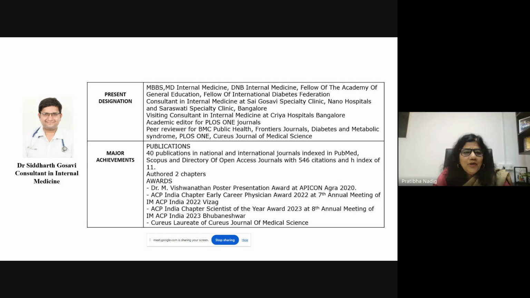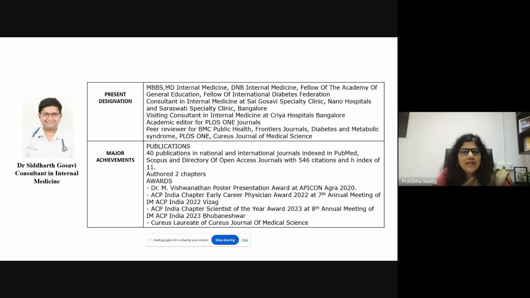With that, we move on to the last speaker for the day, Dr. Siddharth Gosavi, consultant in internal medicine. He has done his MBBS from where I was working. He has been my student at Vaidya Institute of Medical Sciences. MD Internal Medicine from Davangere, DNB Internal Medicine, Fellow of Academy of General Education, Fellow of International Diabetes Federation, consultant at Sai Gosavi Speciality Clinic, which is his own.